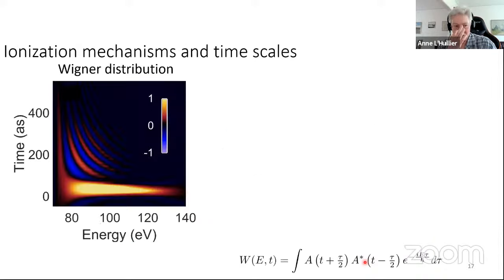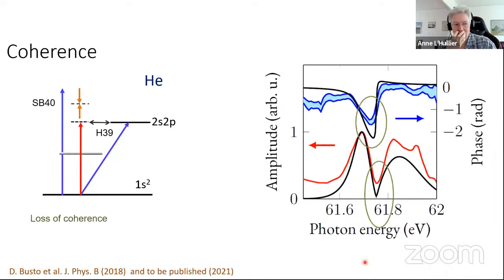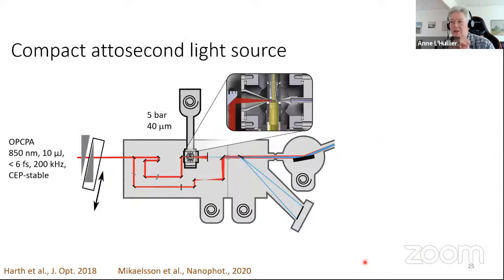I think that the reason is, I just want to go back to here. We have a tight focusing geometry, and phase matching tells us that you need to have a high pressure and a short interaction medium.